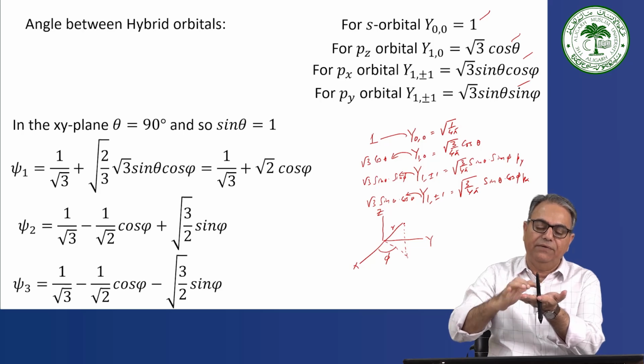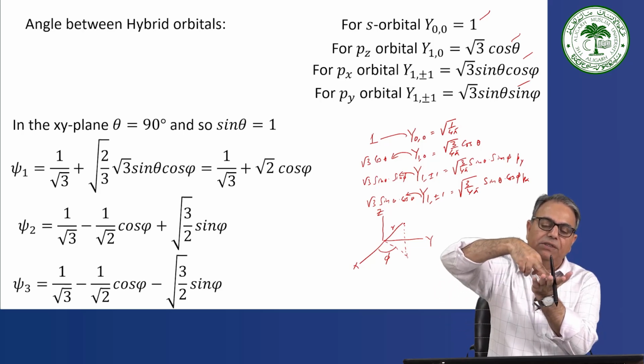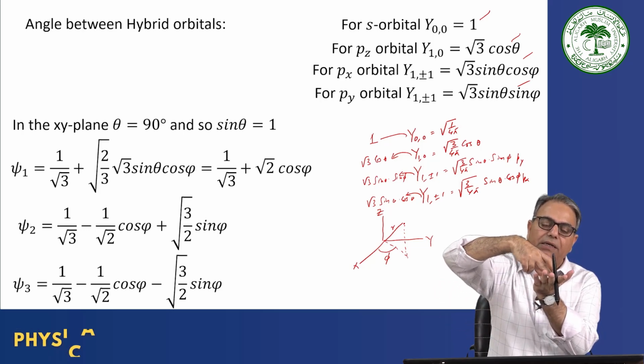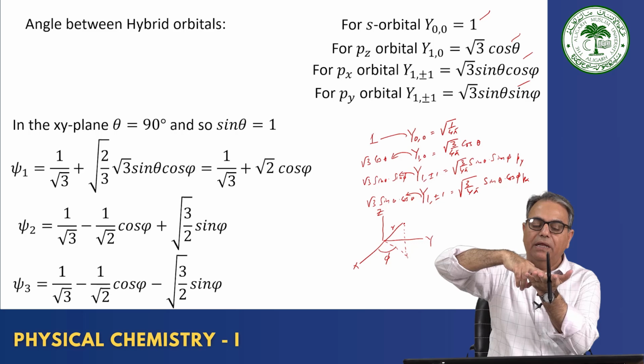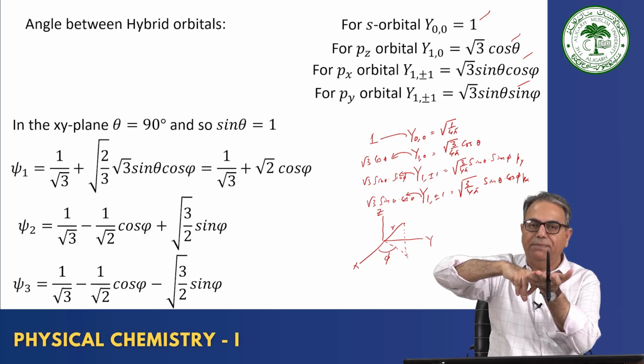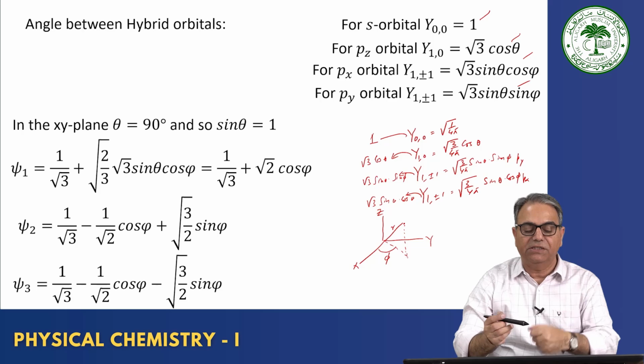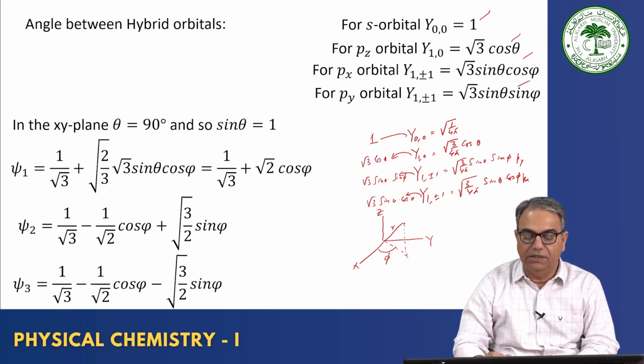So if this is your point r, then the angle between my finger and this pen is the theta angle. And if it comes down with the finger in the xy plane, then the angle is 90 degrees. So that's what is written: in the xy plane, theta is equal to 90 degrees. Okay. So if it is 90 degrees, then sin theta is equal to 1.